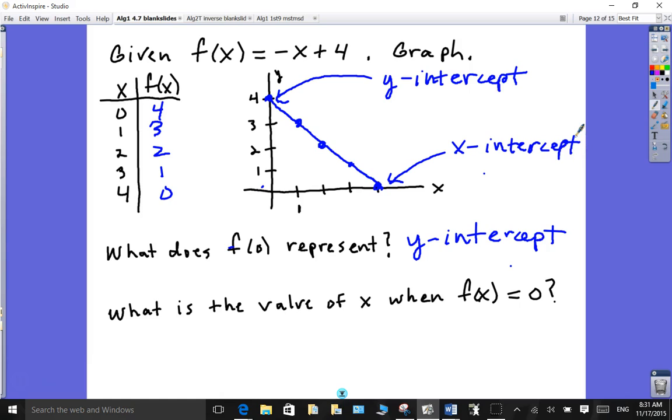But it's got another name. And when we go in two slides, we go back over the objectives that we're supposed to be getting out of this. The value of x that makes f of x equals 0 is called a zero. This is a zero. It's the value of x that you plug in so that f of x equals 0.